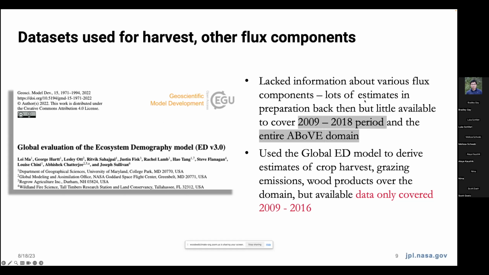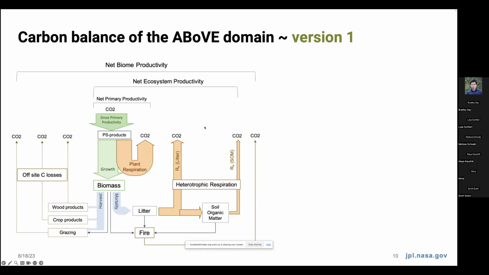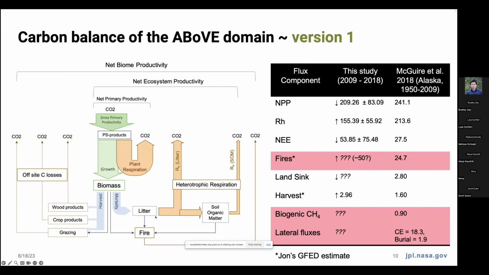But there were other flux components like fires and lateral fluxes that we were missing. So we tried to put together what a budget for this activity would be. This is just a schematic that I had cooked up. Since then, discussions that I've had at ASTM 7 and ASTM 8 with people like Dan Hayes, and even a discussion with Dave McGuire, suggest there are modifications needed to this plot.